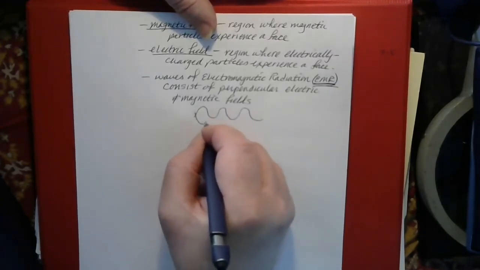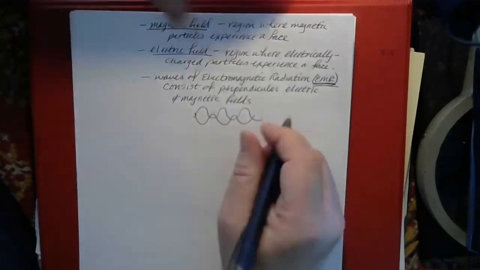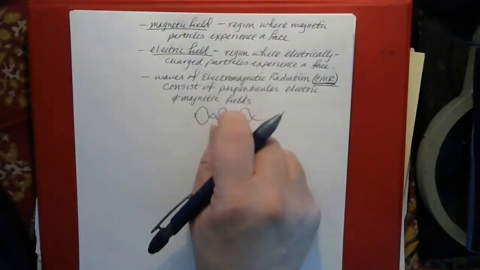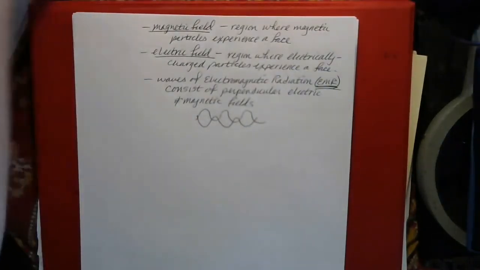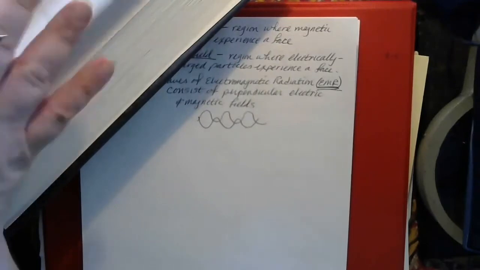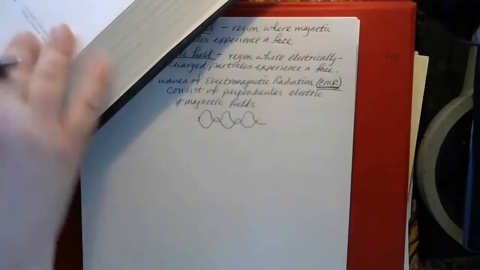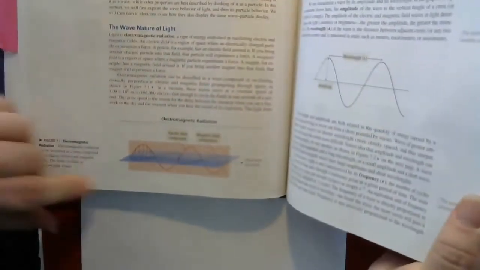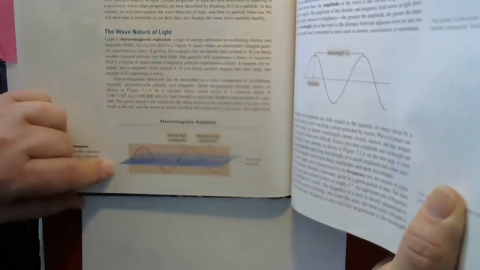That is really hard to draw, especially for somebody with limited artistic skills like myself. But if we look in the book at the beginning of chapter 7, we can see what they're talking about. The first figure in chapter 7 gives you a better idea than I can possibly draw.